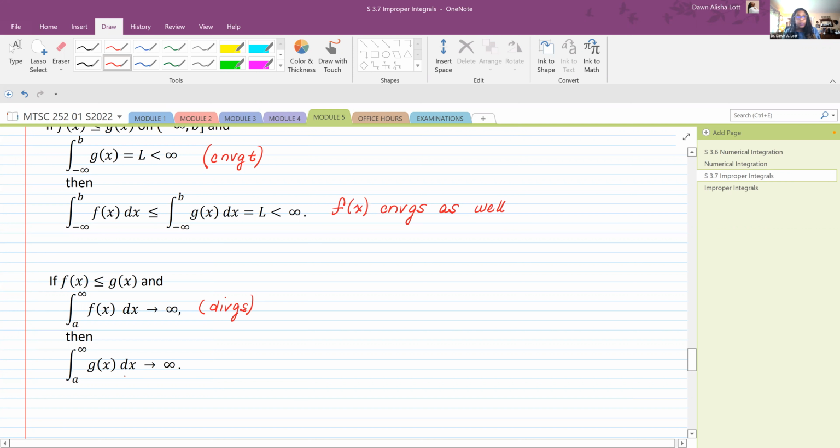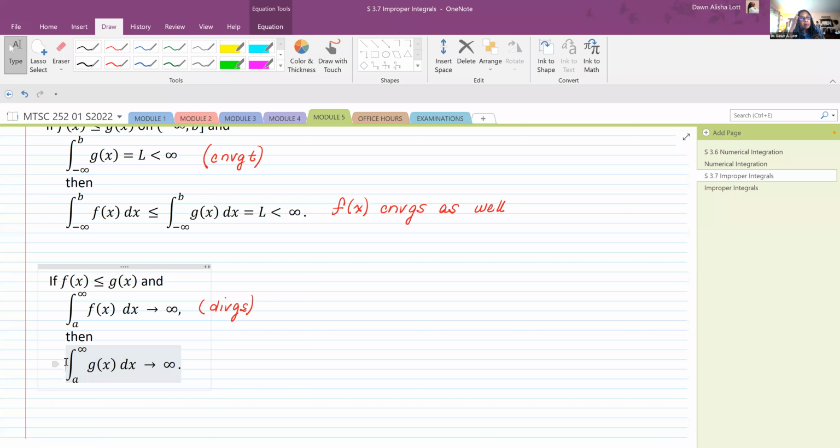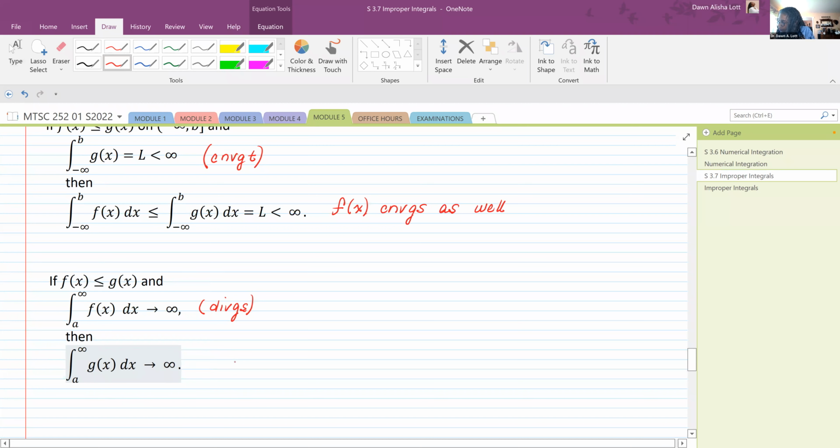Then the integral which is bigger than it, which I didn't write, I guess I should have, yeah, I'll just write it like that, then the bigger integral also is going to go to infinity.